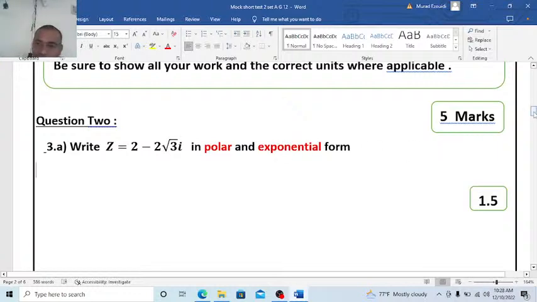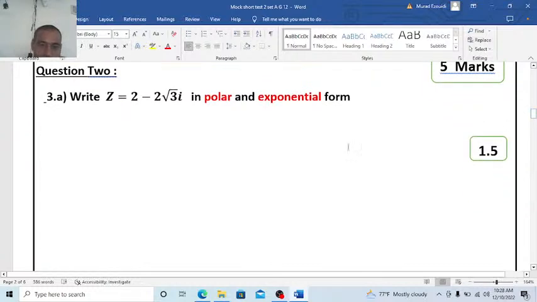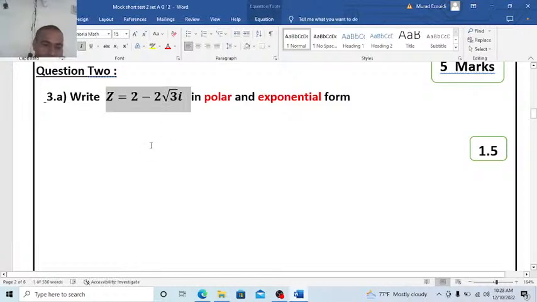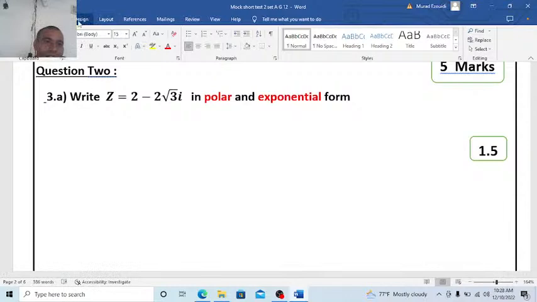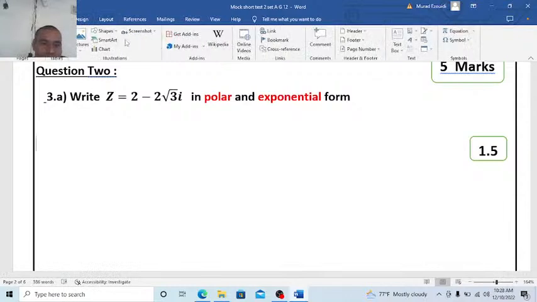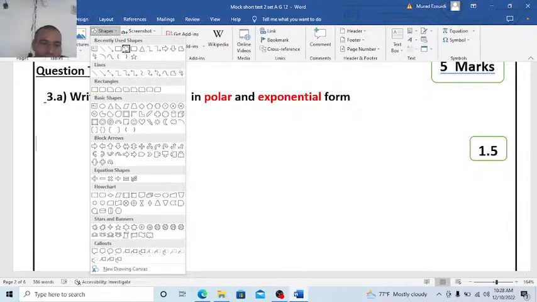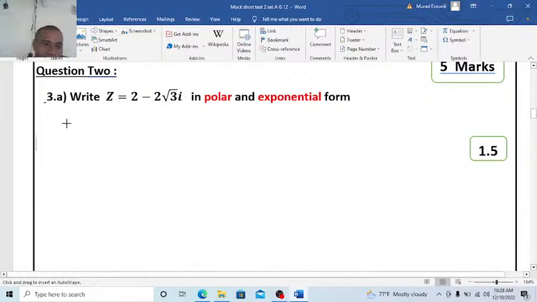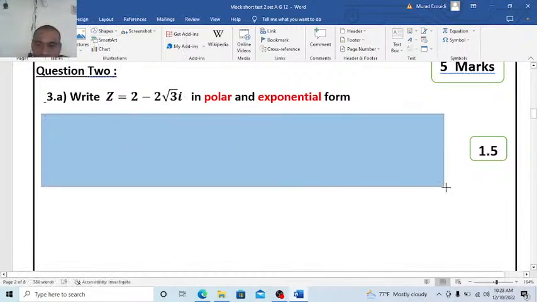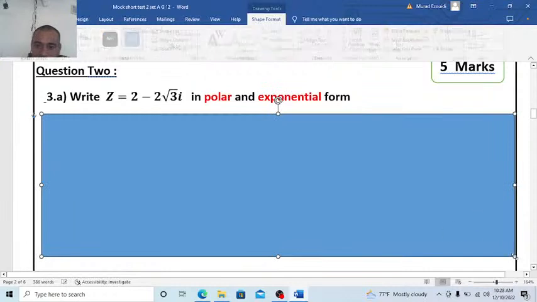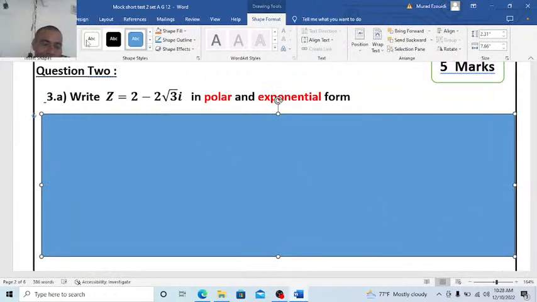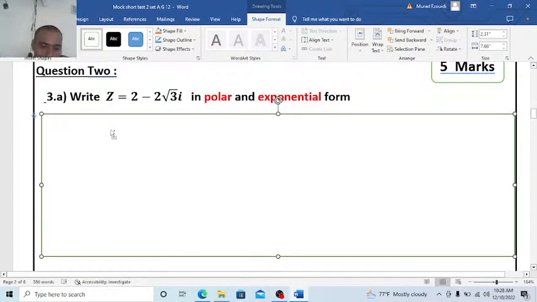Here I will start solving this question. I will write z equal, copy and paste it. Then I'm going to insert a rectangle where I can explain this. I wish all of you were solving the same question that your teacher is trying to do.